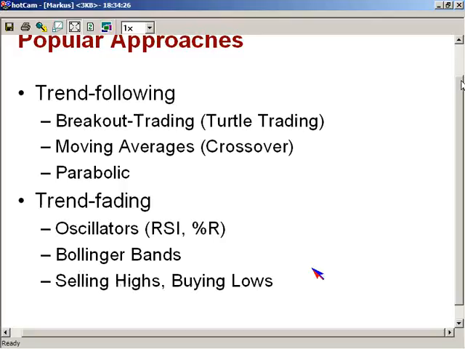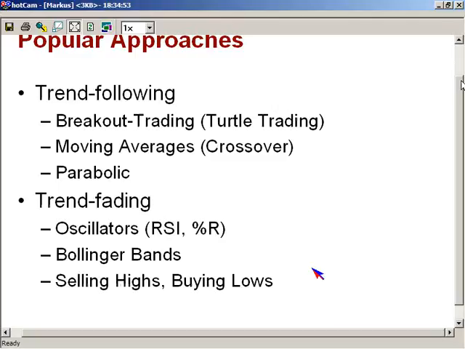Many people use them as a trend fading approach, where you sell if prices are touching the upper band, and you buy back when prices are then hitting your profit target or maybe the lower band. Trend fading is also when you're selling highs, so you're selling the previous day high and you're buying the previous day low. Okay, and you hope that prices are staying in the range and do not break out.